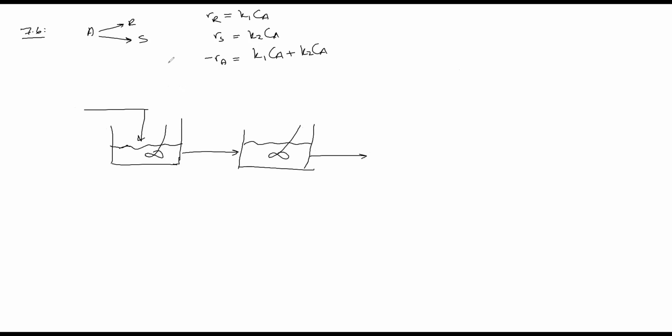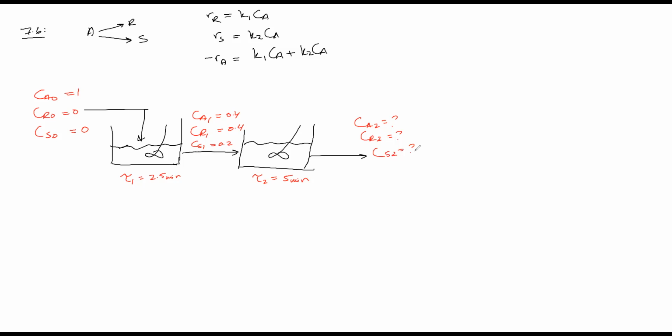So I'm being told that CA naught is 1, CR naught is 0, CS naught is 0, and here I'm being told CA1 is 0.4, CR1 is 0.4, CS1 is 0.2. The tau in the first reactor is 2.5 minutes, and tau 2 in the second reactor is 5 minutes, and I need to find basically CA2, CR2, and CS2, right?